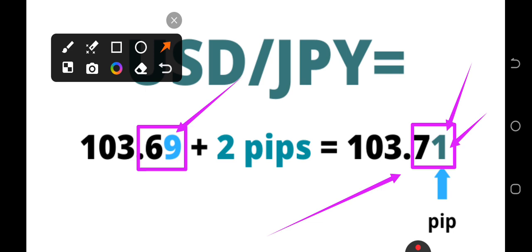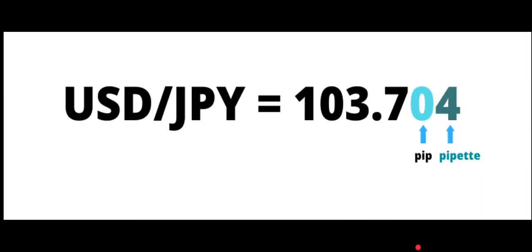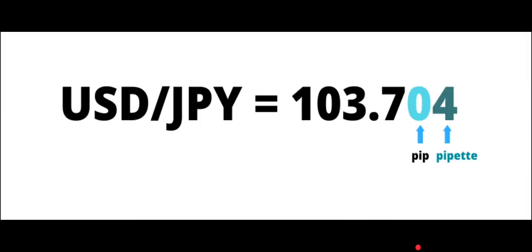I'm repeating myself constantly because I want this to sink in. Normal currency quotes have 4 digits after the decimal point. If you see a 5th digit, that is what we call the pipet. But Japanese yen pairs have 2 digits after the decimal point. The second digit after the decimal point is the pip, while if you see a 3rd digit like this, it is the pipet. So you can see as clearly explained here.